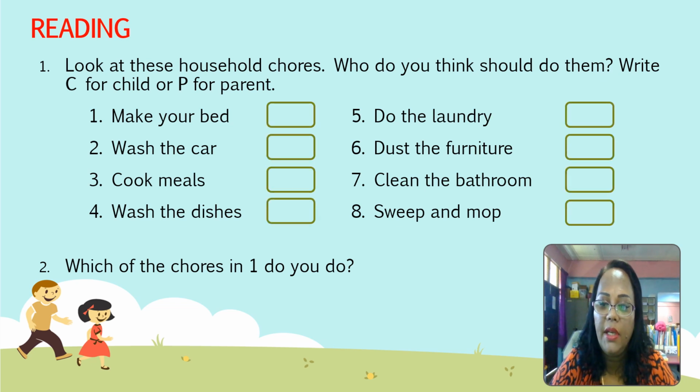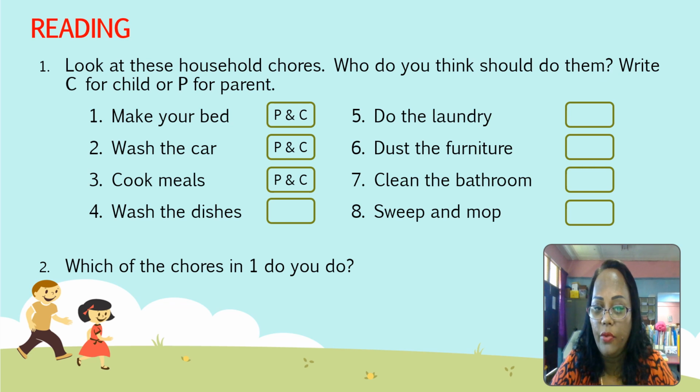Now, I'll give you a minute to think about this. Now, these are your own answers. Okay, I will share my answer with you. Alright, for example, in my house, everybody makes their own bed. My children and also the adults. Okay, wash the car. My daughter and the father, they wash the car, so parent and child. Cook meals.